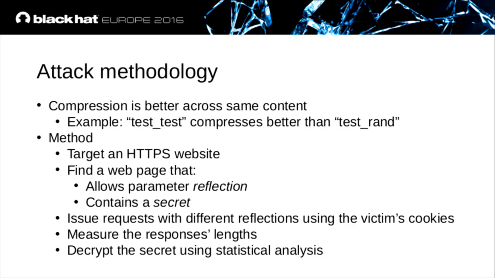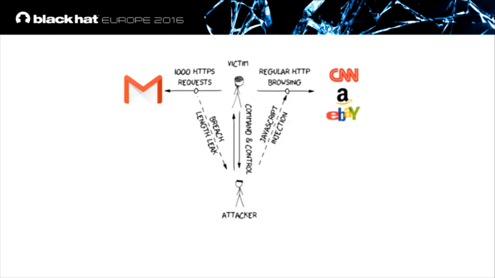And the two constituent components are the reflection, which is a part of the plaintext controlled by the adversary, and the secret, which is the part of the plaintext that is the target of the adversary. So if we go to a diagram, this is the adversary.